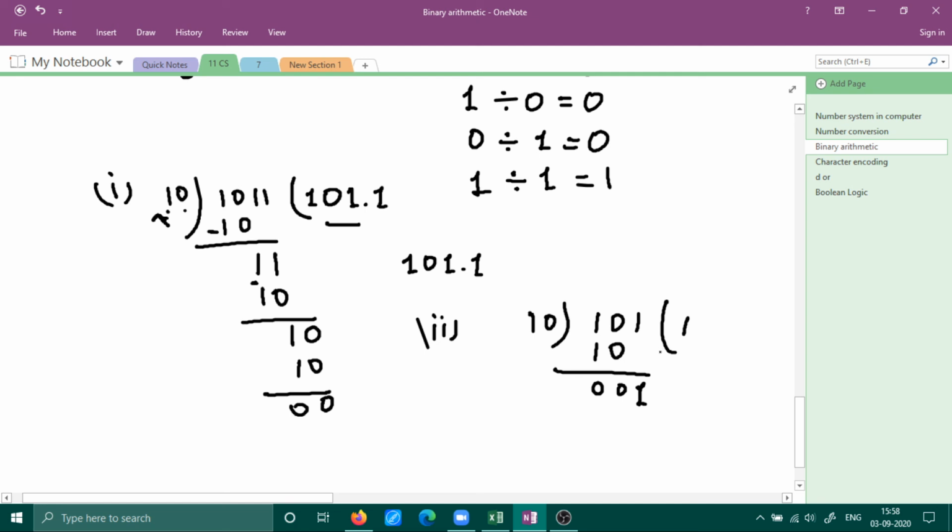If we need to divide it further in decimals, we can do so after putting a 0, because after this digit we have not divided anymore. So we put a decimal point, and then the digit 0 will appear here, then 10 ones are 10, and here nothing remains, and the result is 10.1. So this is the result of this binary division.